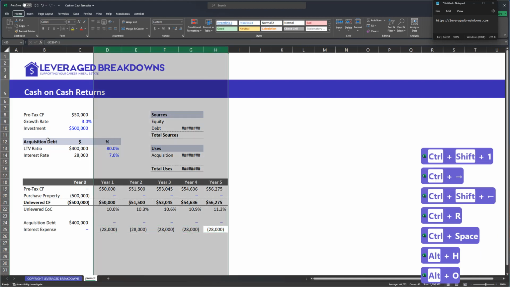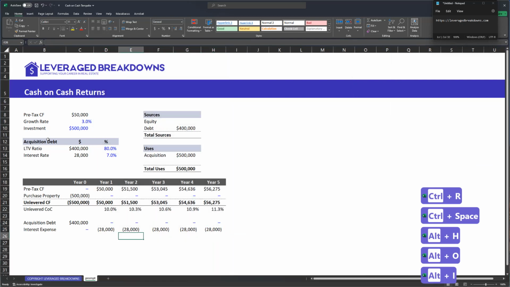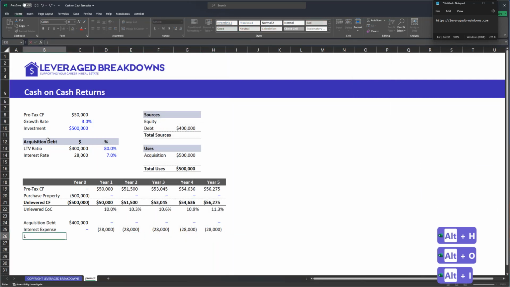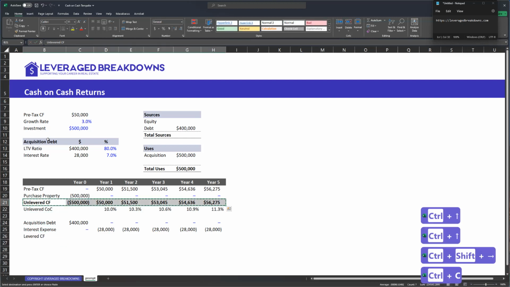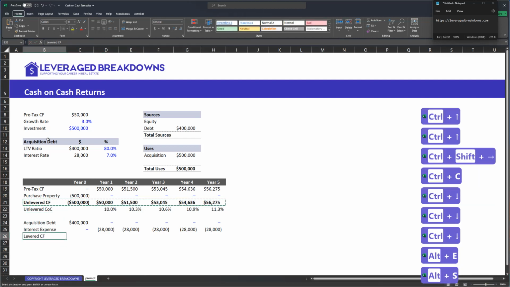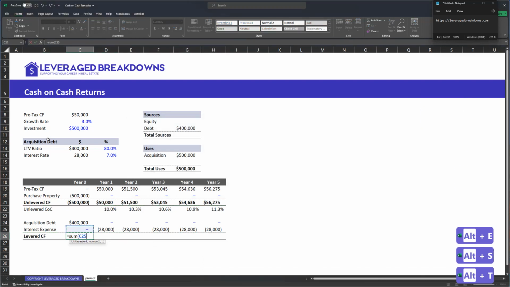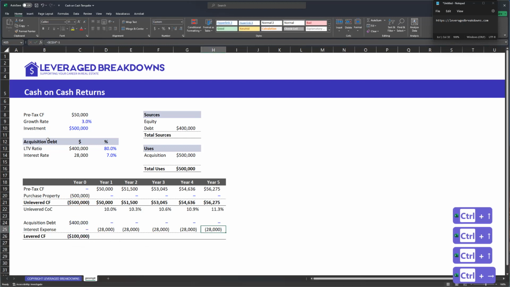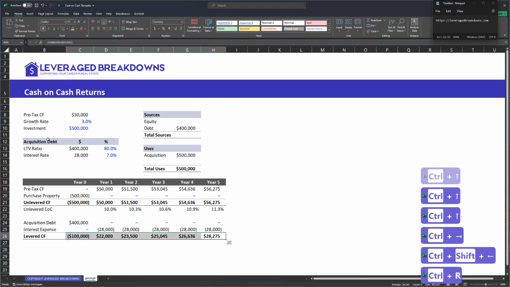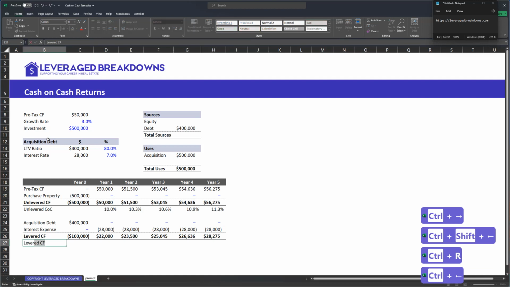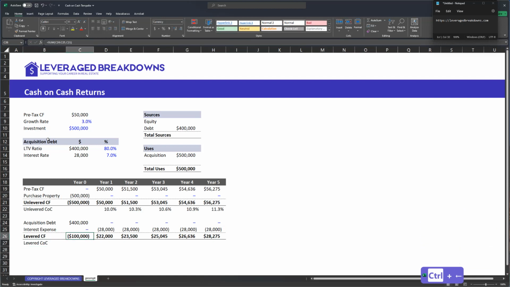Let's type Alt HOI to resize our columns. And then levered CF. Let's copy that. Alt EST, enter. And then that's going to be the sum of our unlevered cash flow plus our levered cash flow items. Refresh. So levered cash on cash is going to be a similar formula.